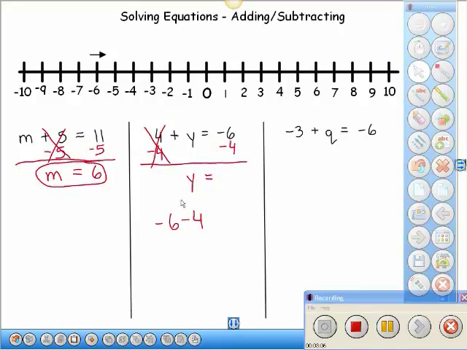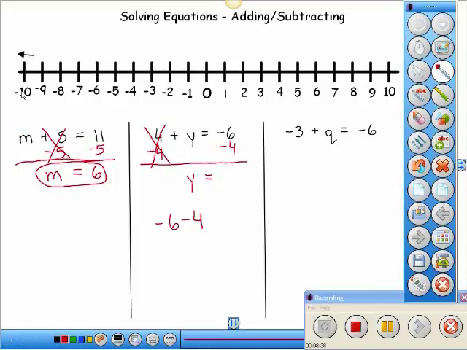So negative 6 minus means flip, 4. So we'll just count 4. 1, 2, 3, 4. So what am I left on? I finished on negative 10. So the answer is y equals negative 10.